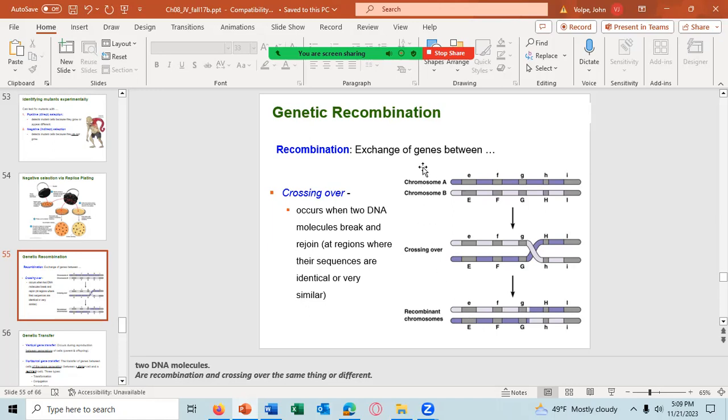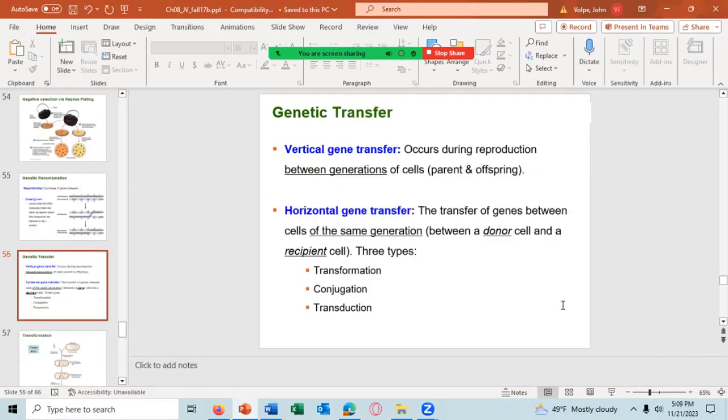That would be recombination also. Any question about any of that? So recombination and crossing over are frequently the same thing, but recombination is more general. It can be more than just crossing over.